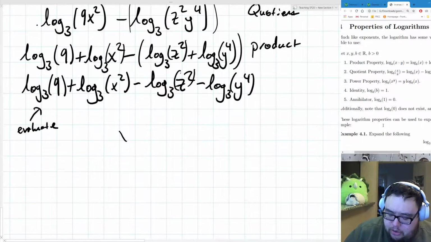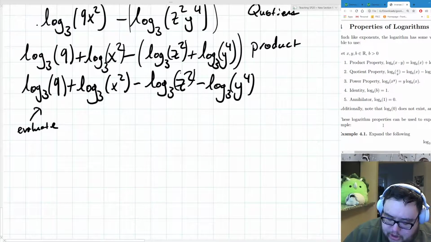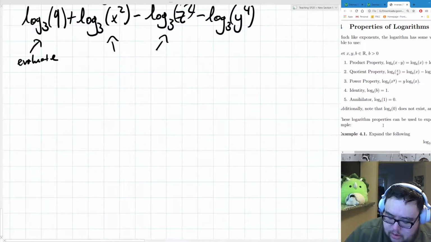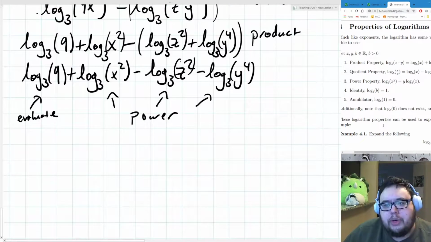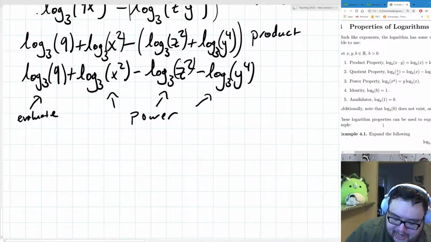And then these other three, x squared, z squared, y to the fourth, we can use a power property. Log base 3 of 9, what power do we have to raise 3 to be 9? Well, 3 squared is 9. So log base 3 of 9 is 2.